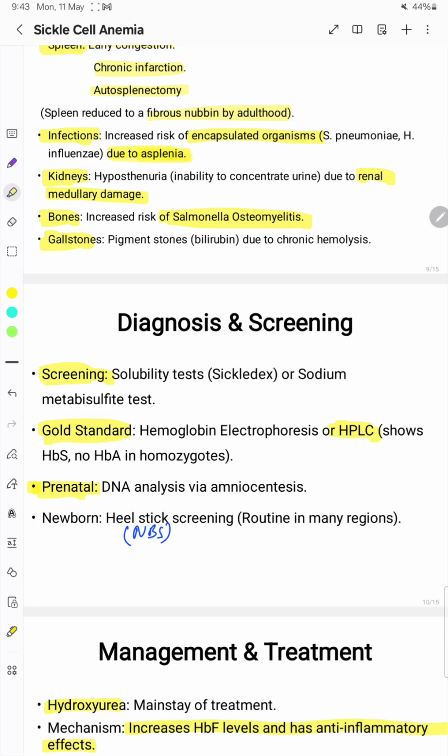Kidneys: there is hyposthenuria, inability to concentrate the urine due to renal medullary damage. Bones show increased risk of Salmonella osteomyelitis, and due to extravascular hemolysis, there is formation of gallstones, pigment stones.